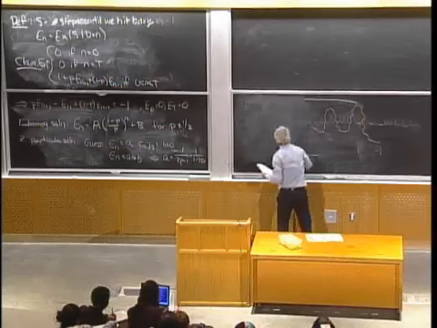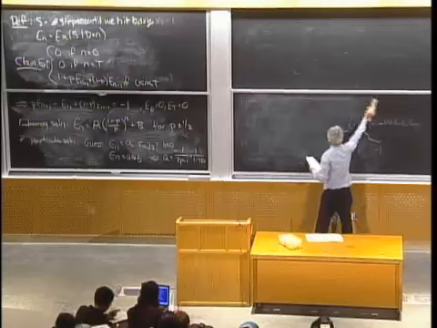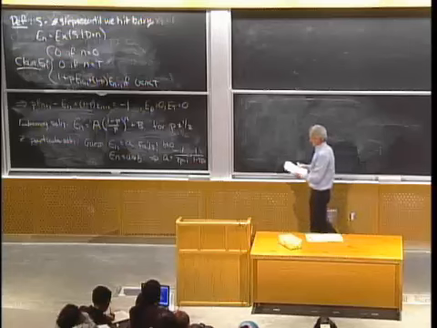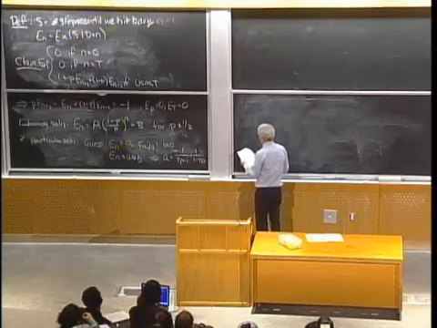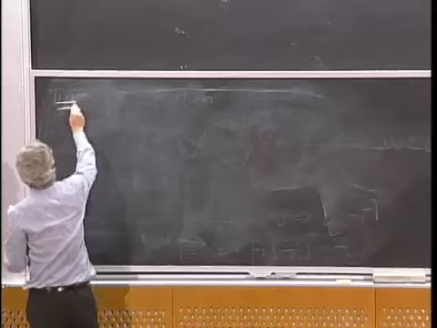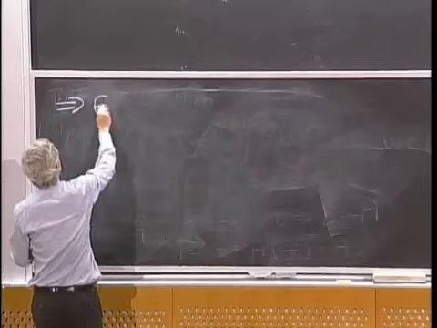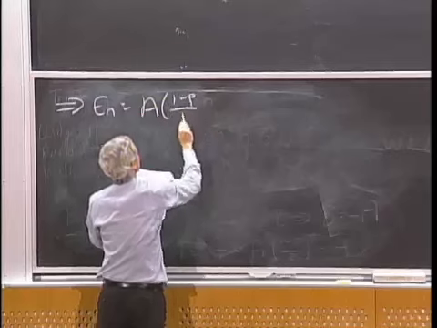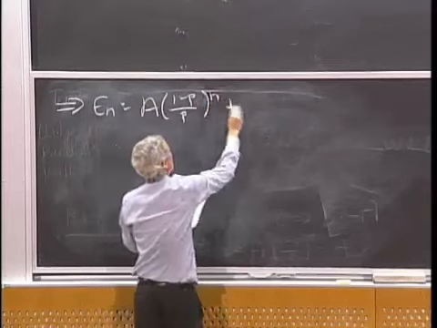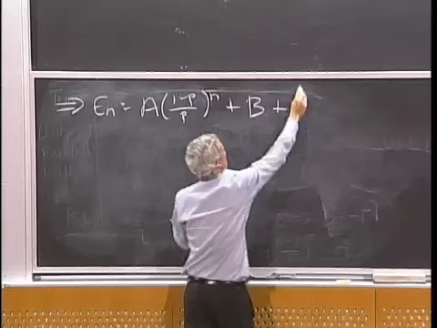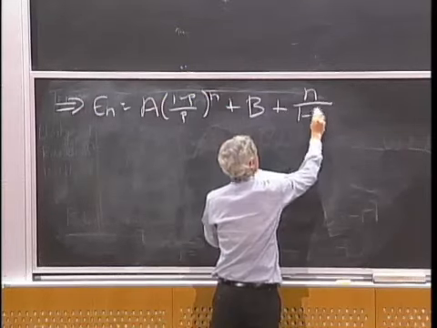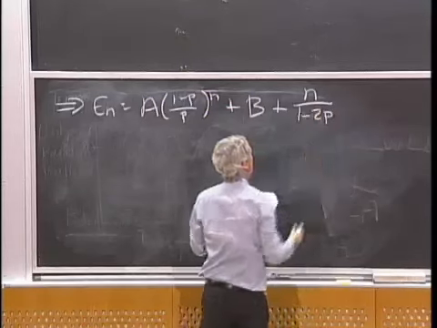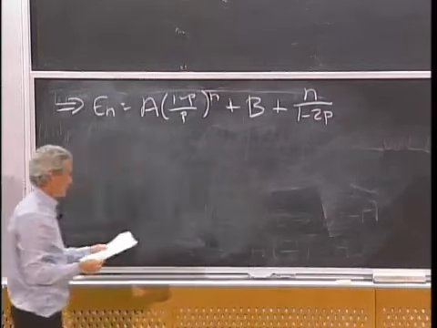It's not hard to go compute that. You just plug it back in, solve. OK, so now we add them together to get the general solution. This is An plus b. b was 0, and here's a as 1 over 1 minus 2p.